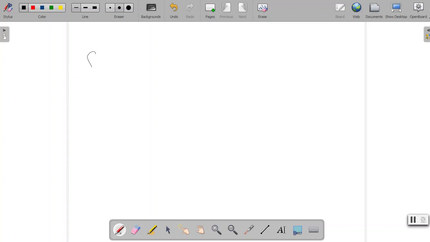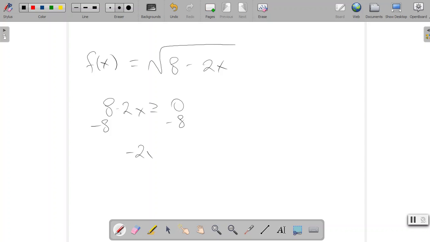One more example. Suppose I had f(x) is the square root of 8 minus 2x. Now this gets interesting. I set my radicand greater than or equal to 0, and I take my 8 over, as I usually would. That gives me negative 2x is greater than or equal to negative 8. I divide both sides by a negative 2.